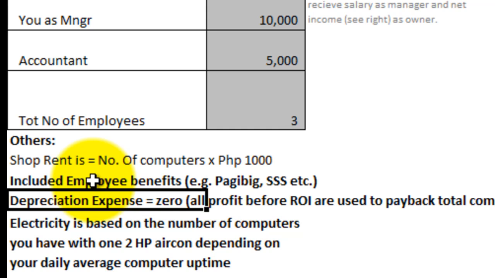The depreciation cost is 0. Okay, all profit before ROI is used to pay back the total computer expense. Okay, the investment that you made in buying those computers.